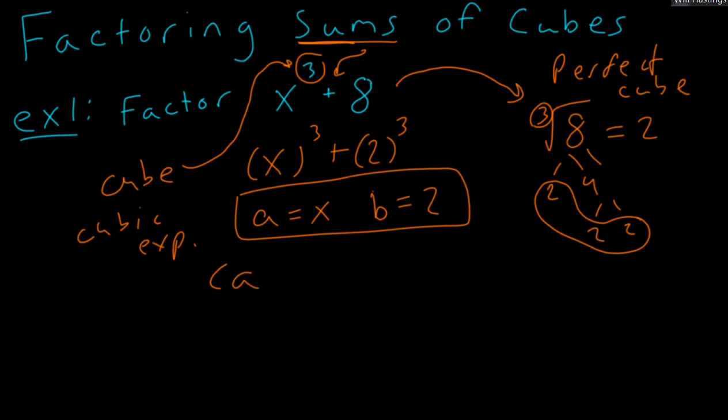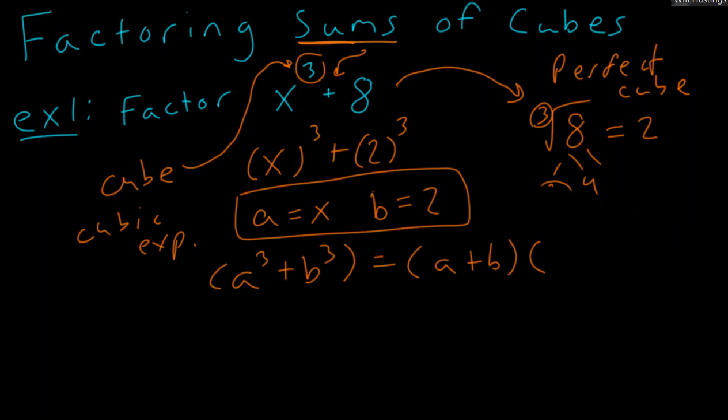Well, we say that a cubed plus b cubed can be written as a plus b times a squared minus a times b plus b squared.